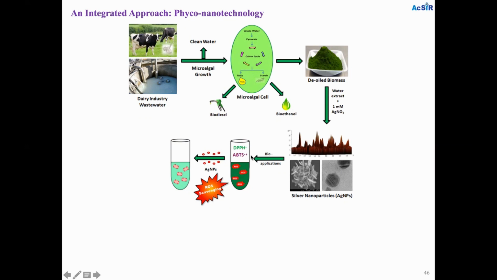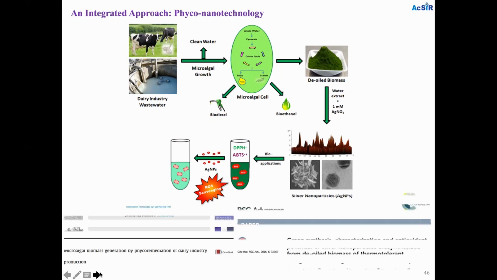And those silver nanoparticles have scavenging ability, which was demonstrated by the DPPH and ABTS free radical scavenging activity assay. So if we integrate such an approach, we can develop a sustainable biorefinery from microalgae.